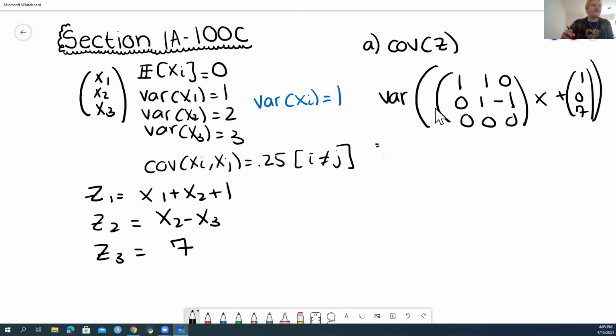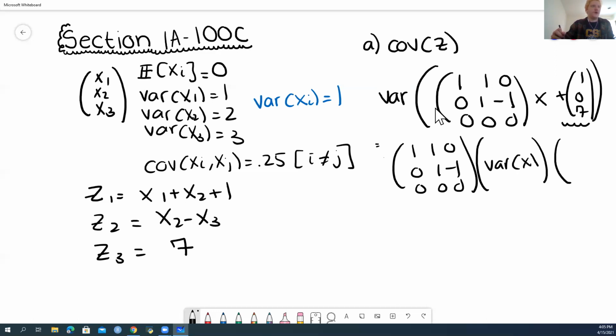And then this is going to be equal to, as we've done before, basically this doesn't matter, right? Because it's a constant. So you can just ignore the constant and you just do 1, 1, 0, 0, 1, negative 1, 0, 0, 0, variance of X, and then the transpose. So 1, 0, 0, 0, 1, 1, 0, 0, negative 1, 0.